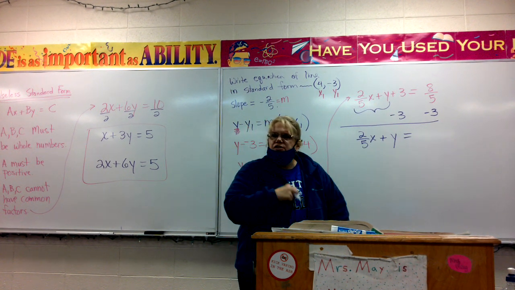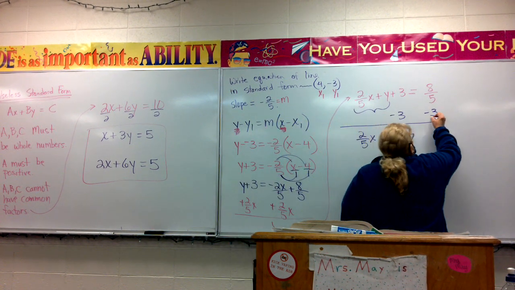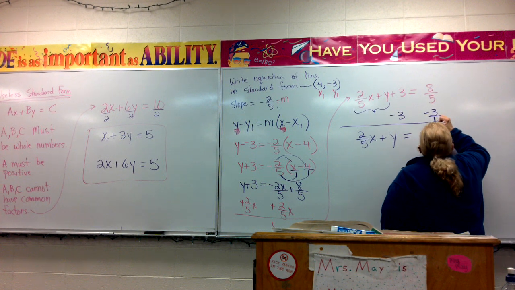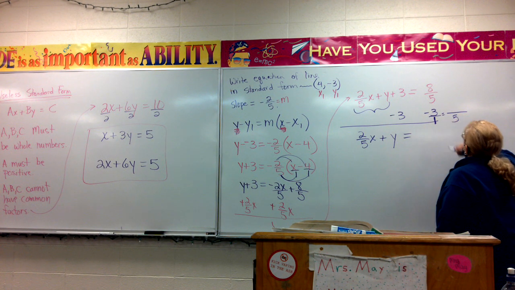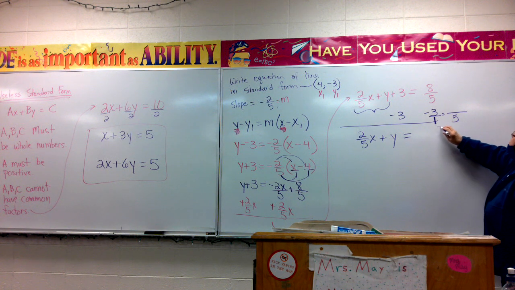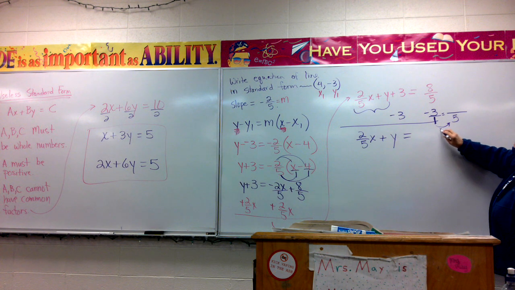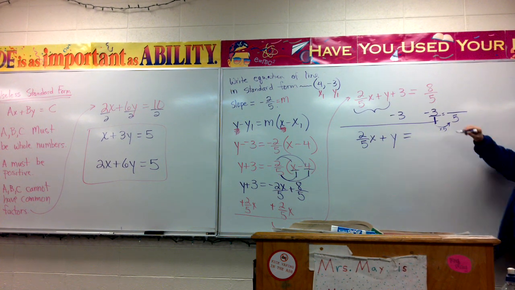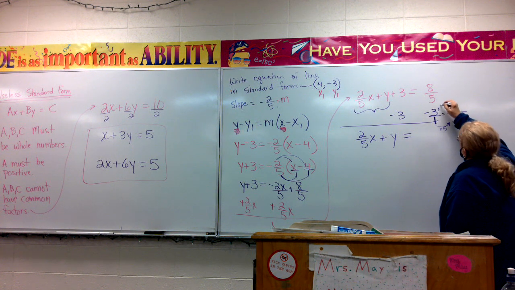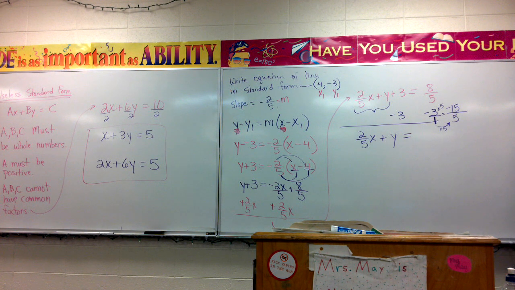They're fractions. What do you need if you're going to combine fractions? Common denominator. What's the common denominator going to be? What do I multiply by on bottom? 5. So what do I multiply by on top? And get 15. That's what she said. 15.